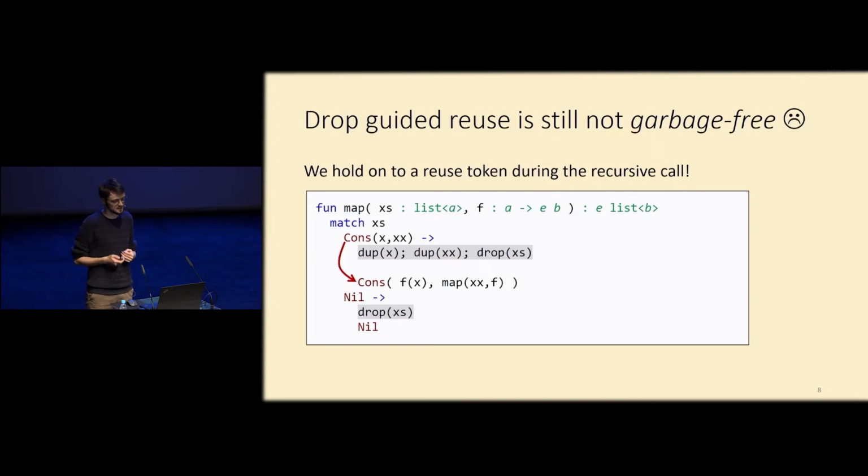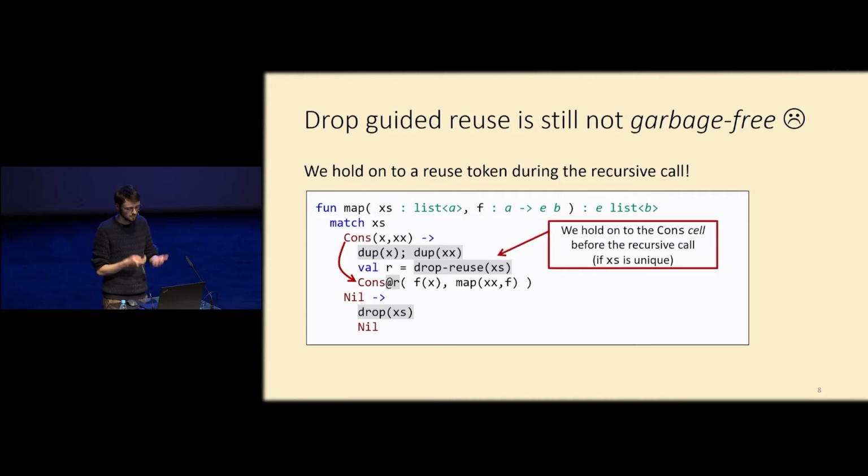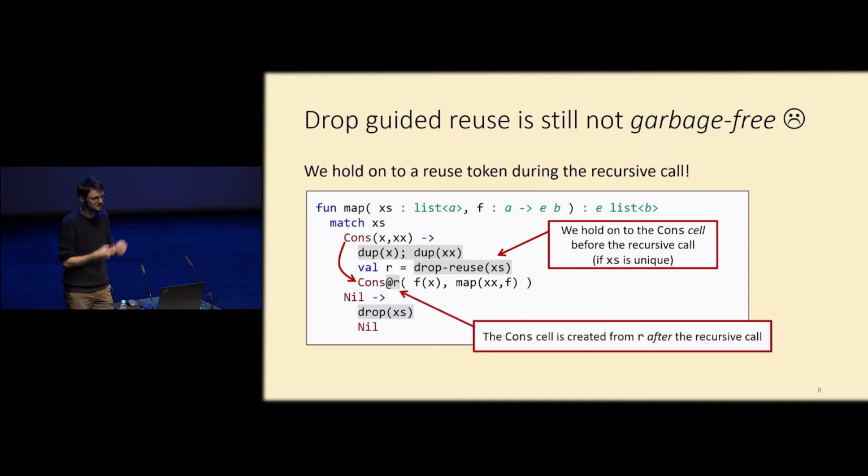So we would free the cell XS before the recursive call. But now we can rewrite the drop into a drop-reuse and hold on to the cell XS potentially as a reuse token R. We'll hold on to it here at the drop-reuse call, then do the recursive call to map, and then use it in the Cons. So in particular, R will suddenly stay live during this recursive call. And we suddenly have sort of this garbage in memory.